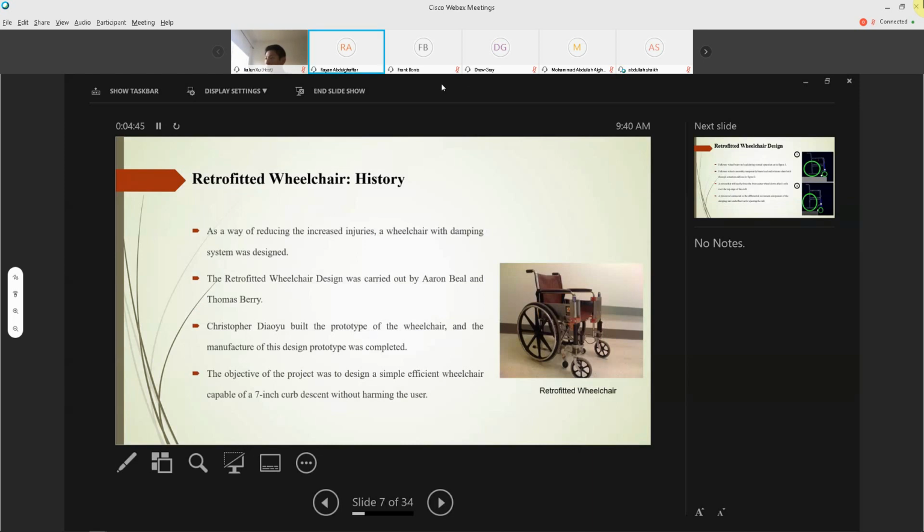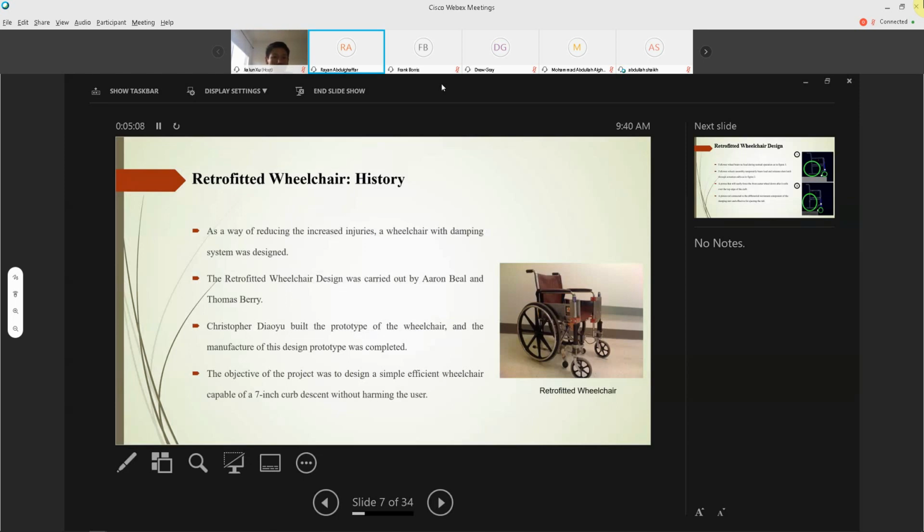The retrofitted wheelchair history. As a way of reducing the increase in energy, a wheelchair with a damping system was designed and developed by a group of students, where they applied a front suspension with two follower wheels.